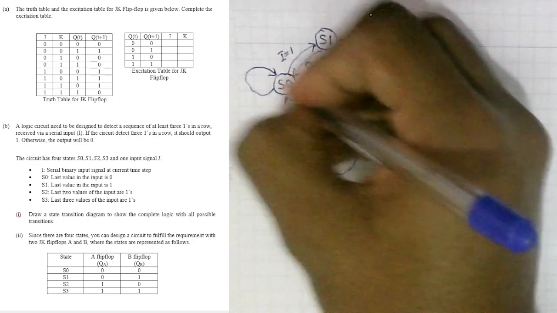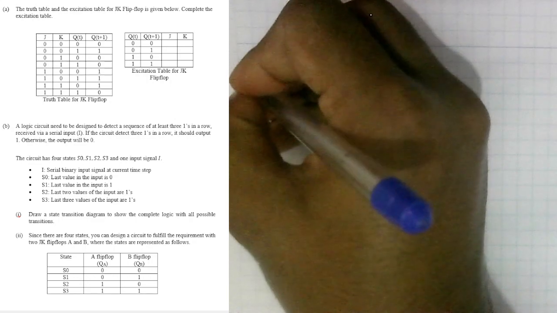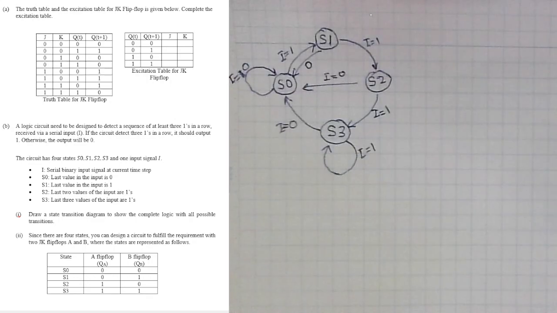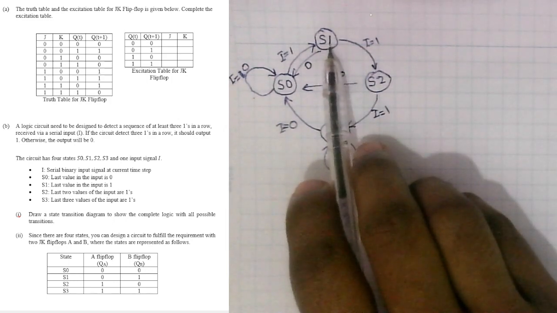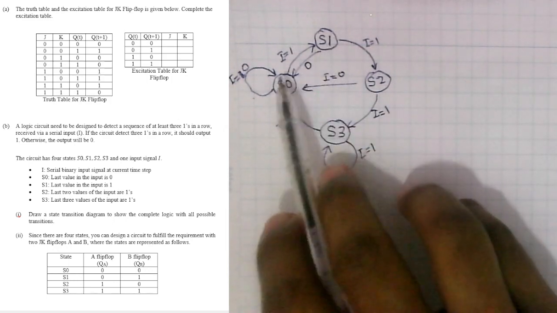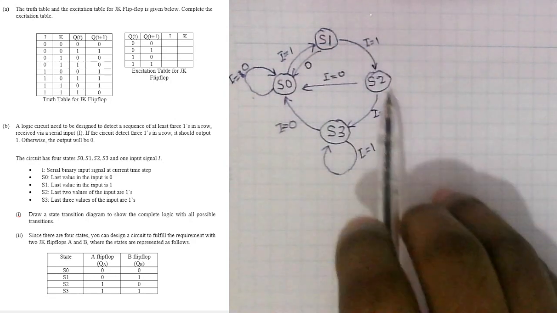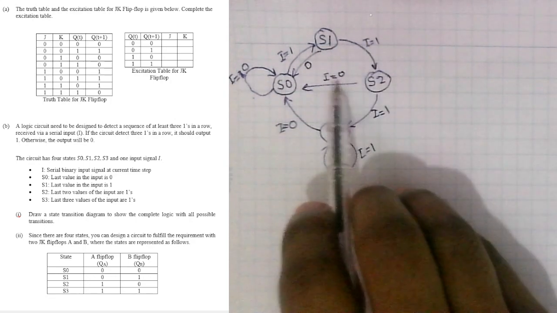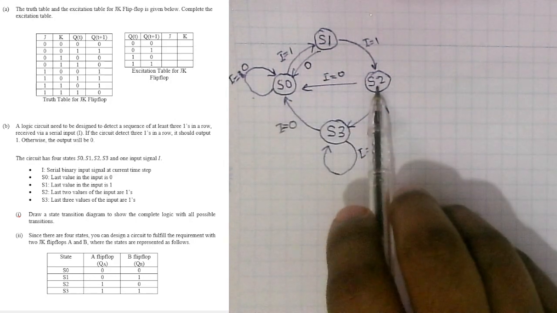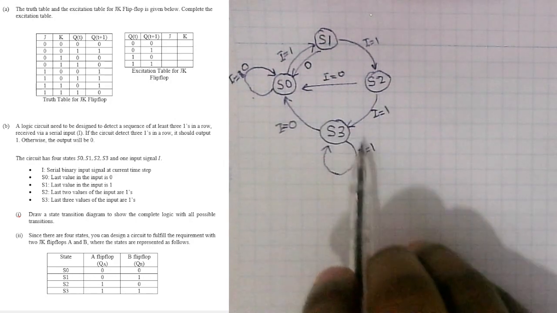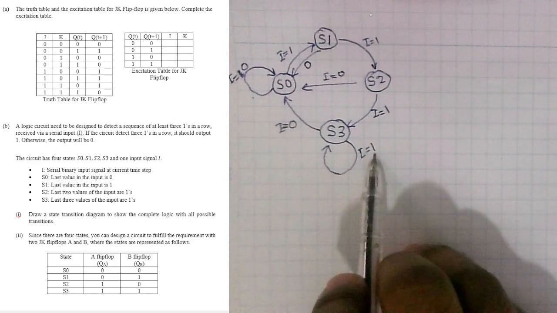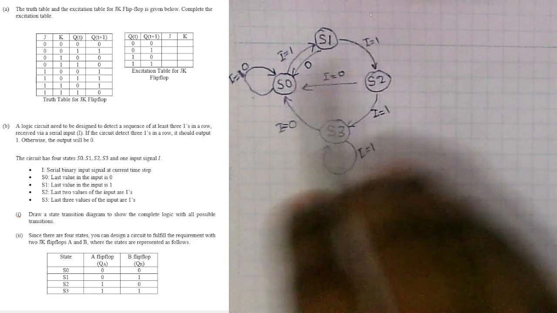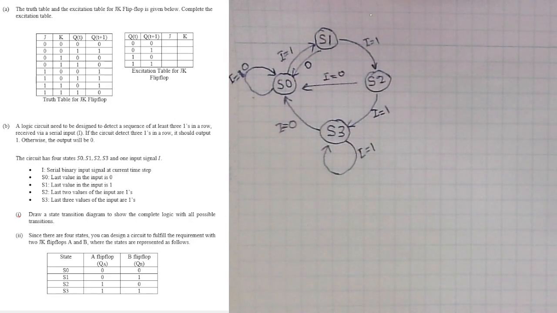If we are at S0 and we get I equals 0, we will be staying in the same state. In S1, if we get 0, we are going back. If we get 1, we are going forward, right? In S2, if we get 0, we go back to S0. If we get 1, we are going to S3. Here also we have outward transitions for I equals 1 and I equals 0. So now as you can see, our state transition diagram is complete.